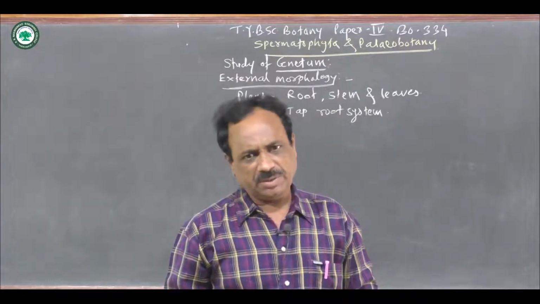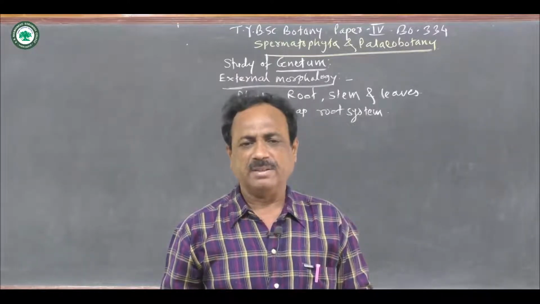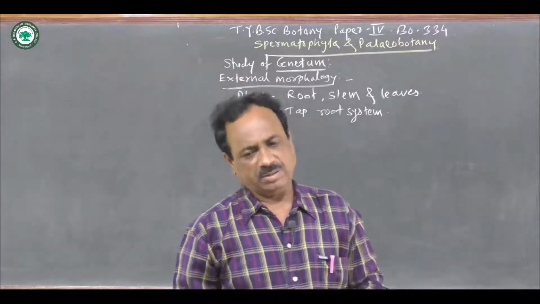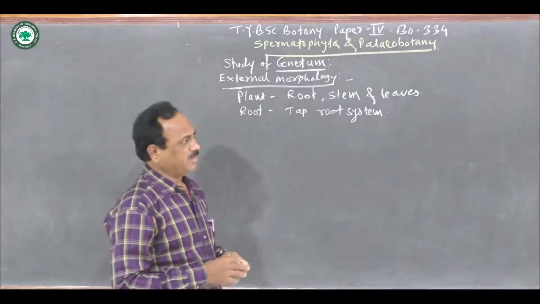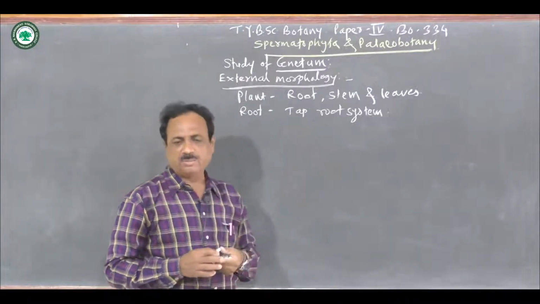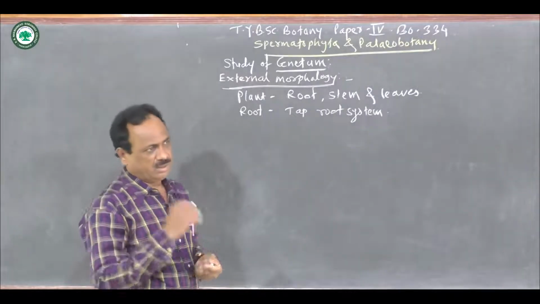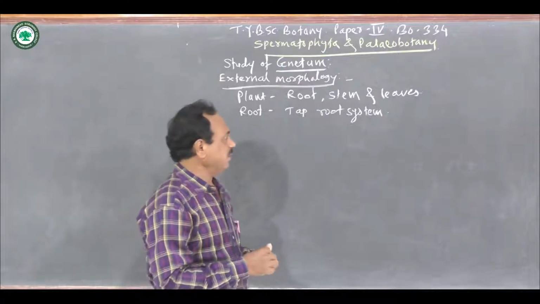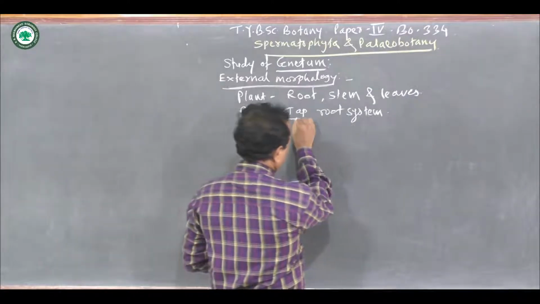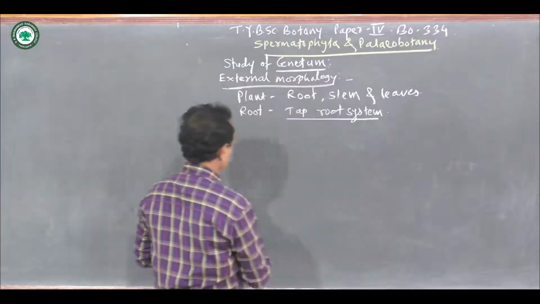They may be shrubs, trees or woody climbers. The plant of genus Gnetum with the species Gnemon, is the woody climber, and it shows the presence of a well-developed tap root system.